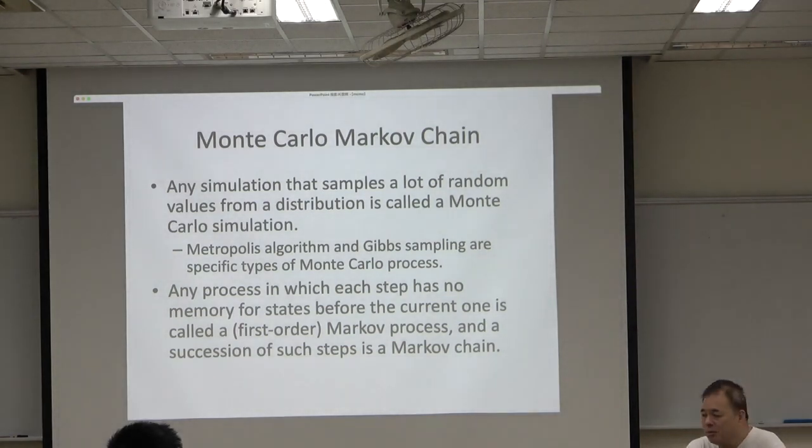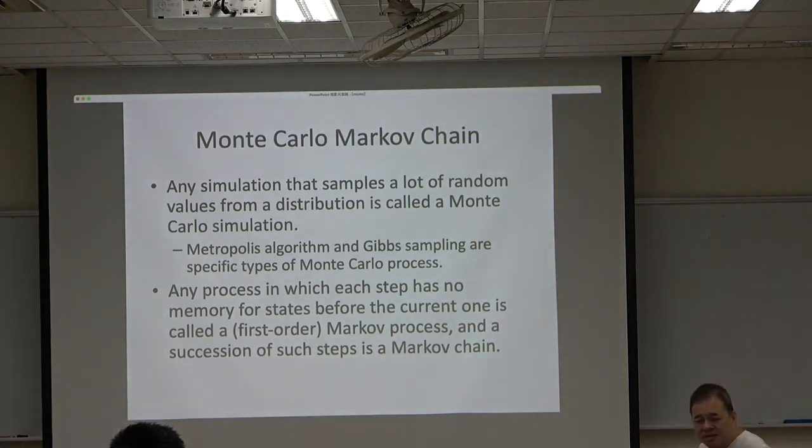So that's what I meant by it's a Markov process. Each step is only affected by the previous one, not by two steps before or something like that. So a succession of such steps, the whole random walk, can be considered as a Markov chain.